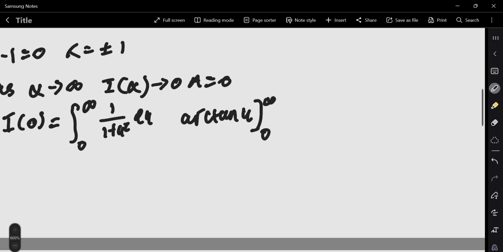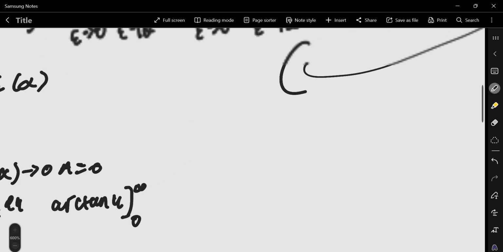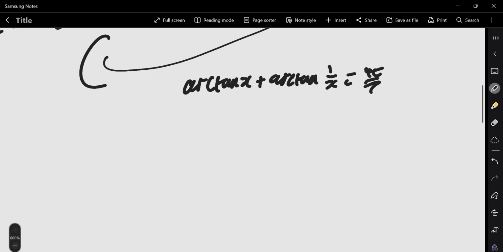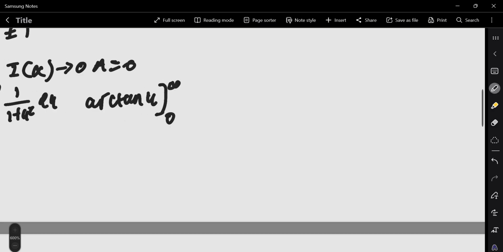And when u is strictly greater than 0, it is pi over 2, right? I think the proper way is, if you have arctan of x plus arctan of 1 over x, you have just pi over 2. Okay, we'll roll with it. So B is just pi over 2.